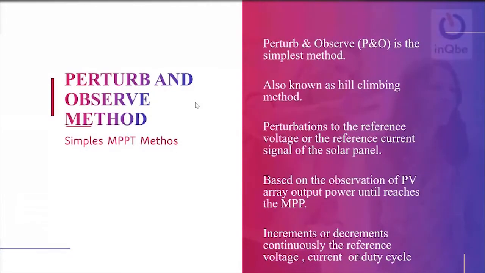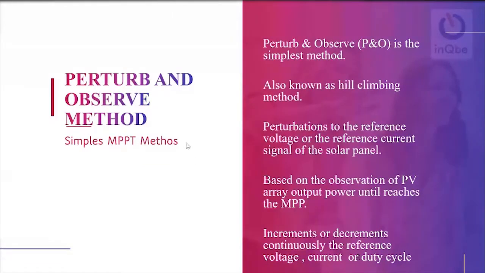In a similar way, here we apply step-by-step perturbation, increasing and decreasing the operating point, and check whether it is the highest point, just like volume increasing or decreasing. It is known as the hill climbing method because it climbs step by step, just like climbing a hill. Methods like P and O and incremental conductance are known as hill climbing methods.